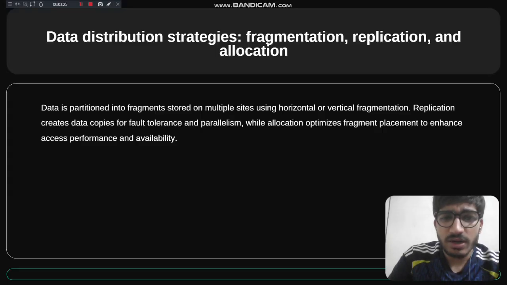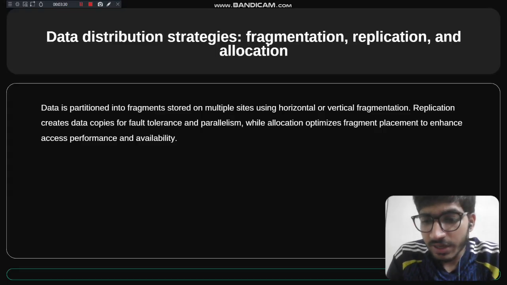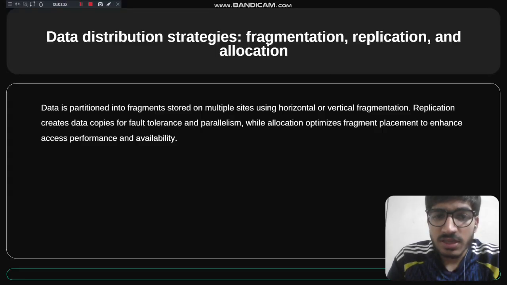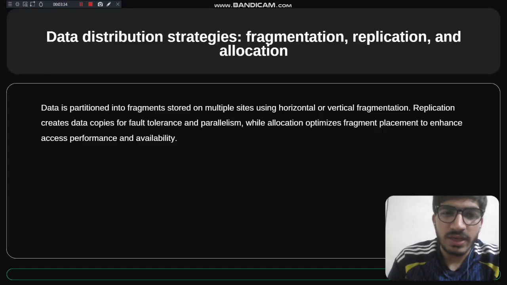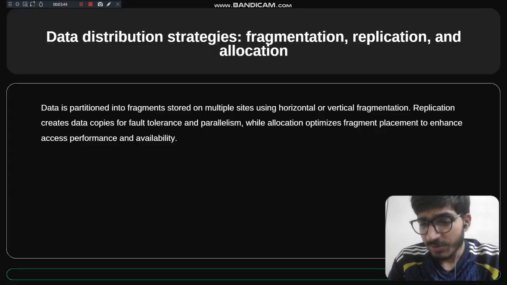Now, types of distributed database architecture. There are 3 main architectures. First is client-server architecture. Second is peer-to-peer or fully distributed architecture. And third is multi-database federated architecture. Let's see them in detail.